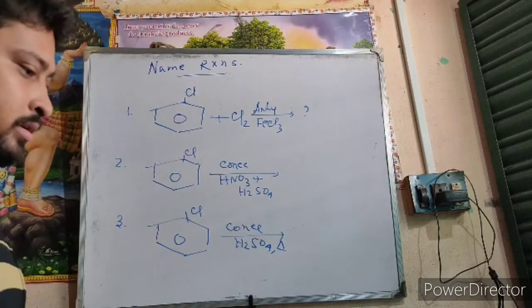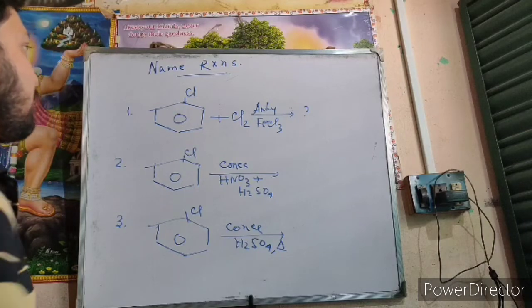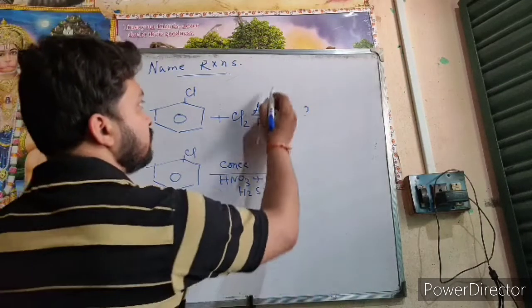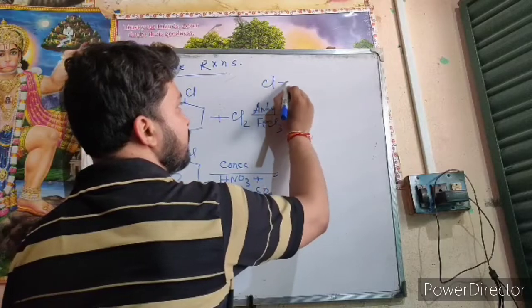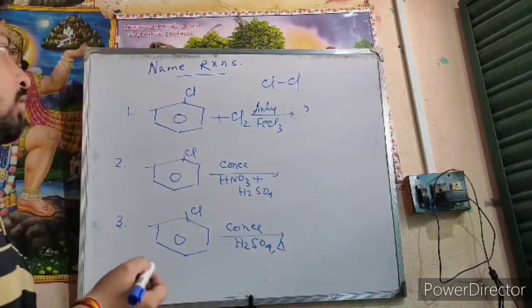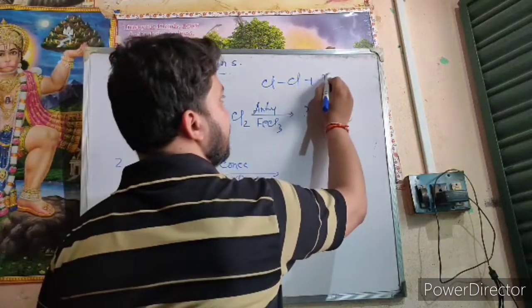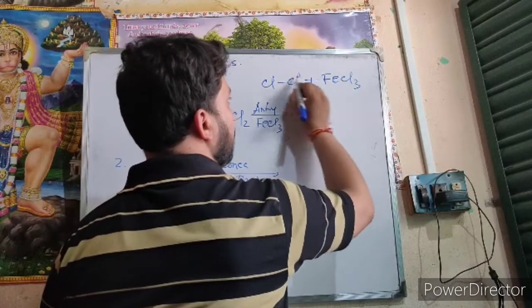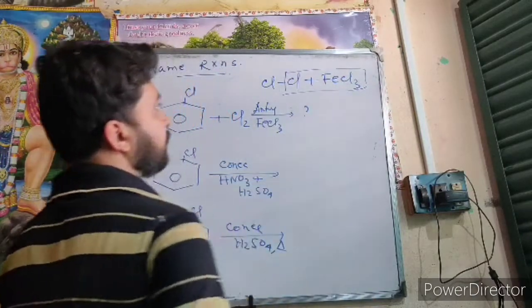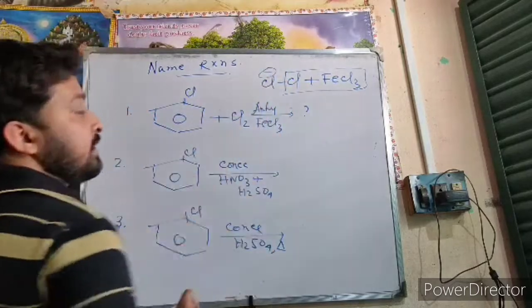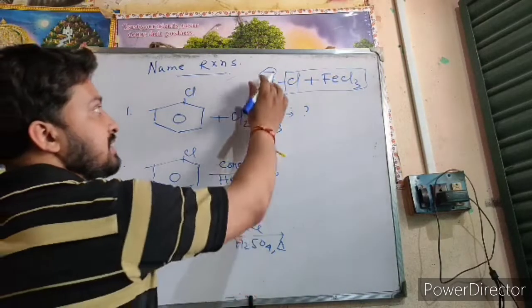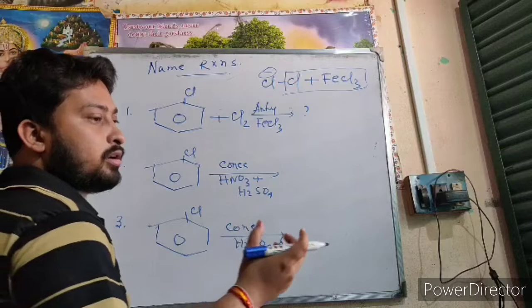Now take 3 reactions. Just look, Cl2, you can write Cl2 in this way, and with FeCl3, so Cl plus is here. Cl means it has a love on nucleus.